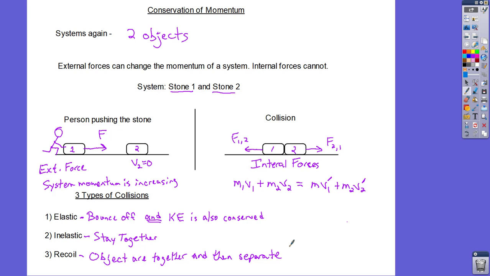Okay, so that's people on roller skates pushing off each other, a gun being fired, the bullet goes one way, the gun recoils in the other way, a cannon, all sorts of different examples. Sometimes they're moving initially, and then they recoil, and that still works. But the most common way is that they're at rest to begin with.